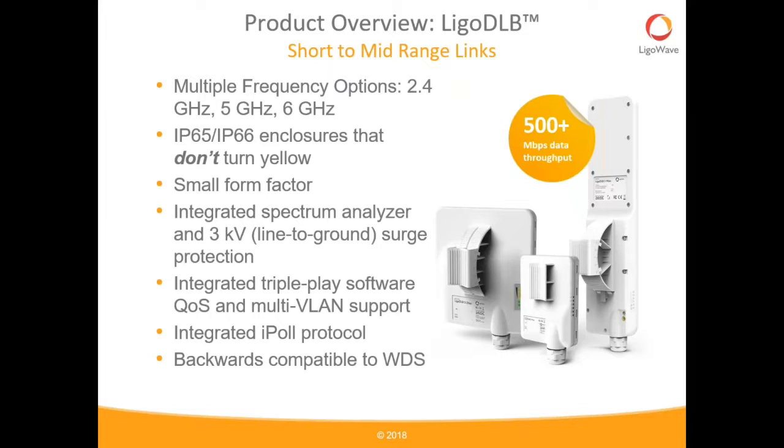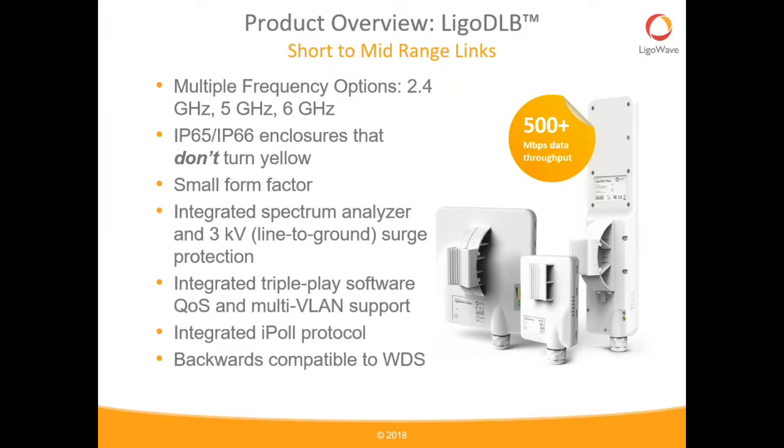Now, for many surveillance applications, you're really going to be looking at shorter to mid-range wireless links. So, I would say probably 90 to 95% of surveillance links are typically in the 1,000-foot or less range. So this is what we recommend our LiGo DLB line for.